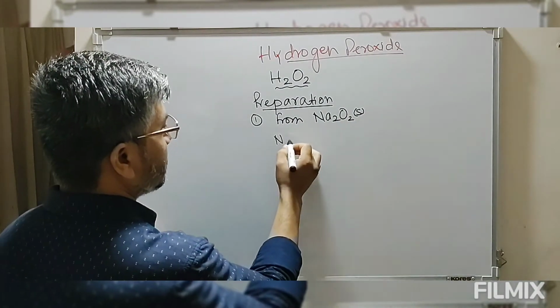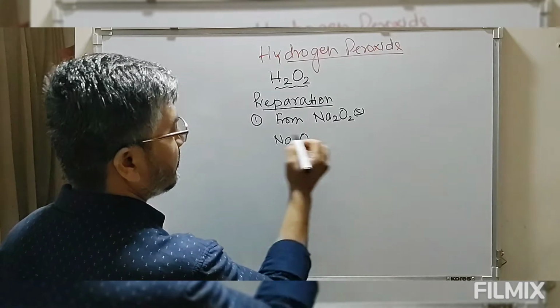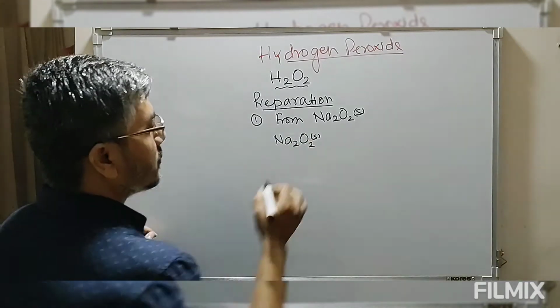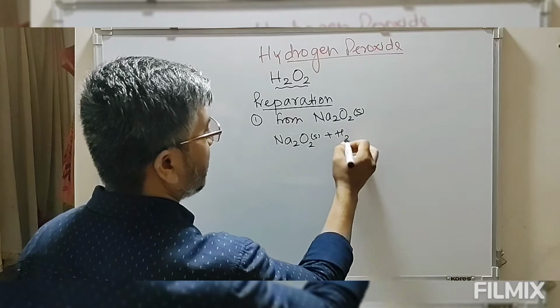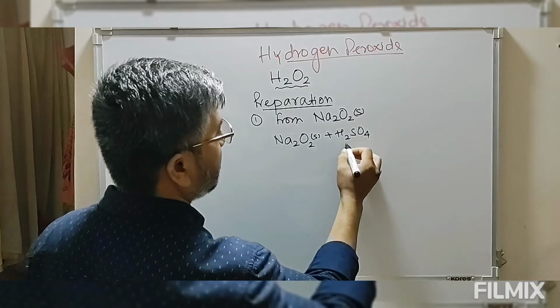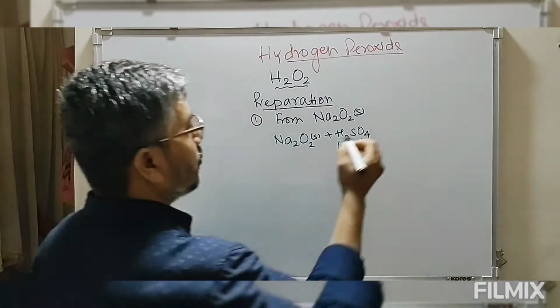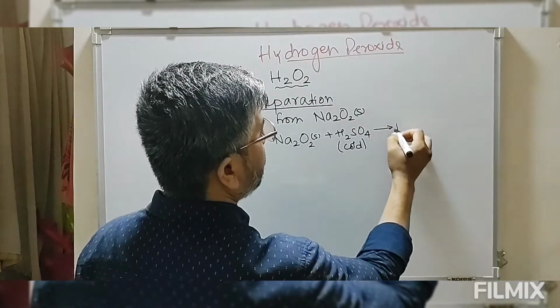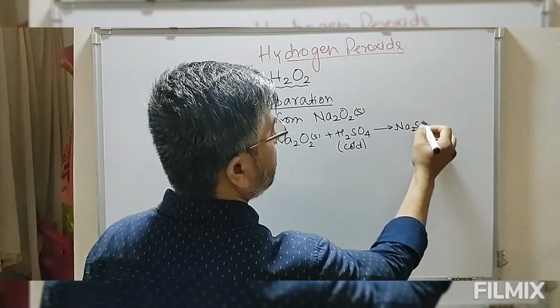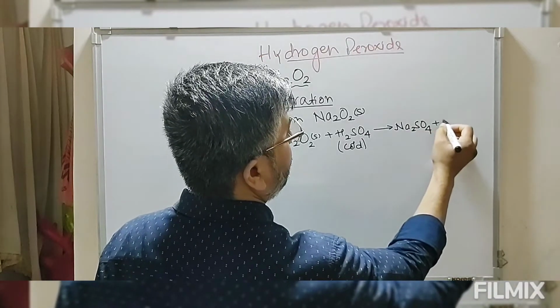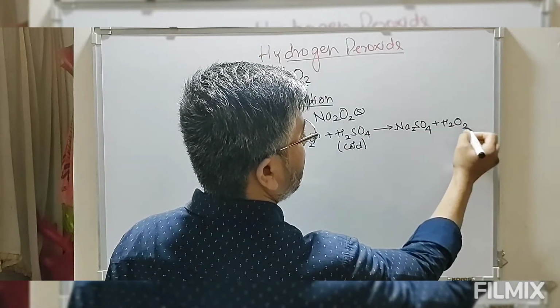Now we take this sodium peroxide. This sodium peroxide is acidified with sulfuric acid. We take this cold sulfuric acid. When this happens, sodium sulfate plus hydrogen peroxide is formed.